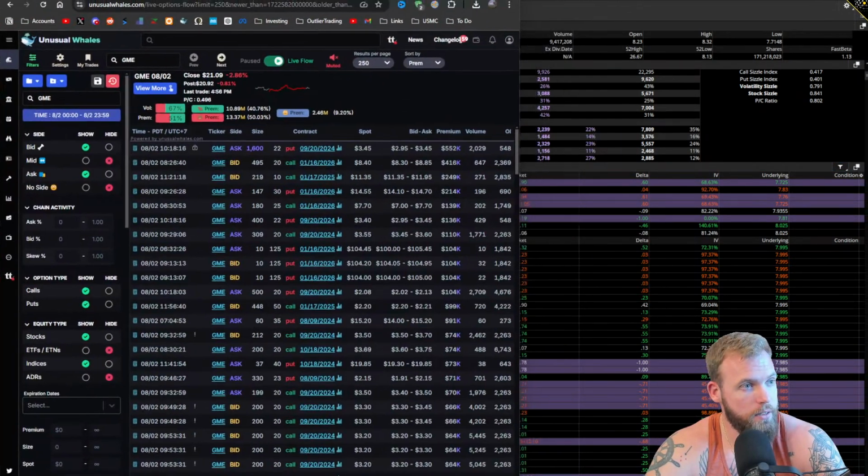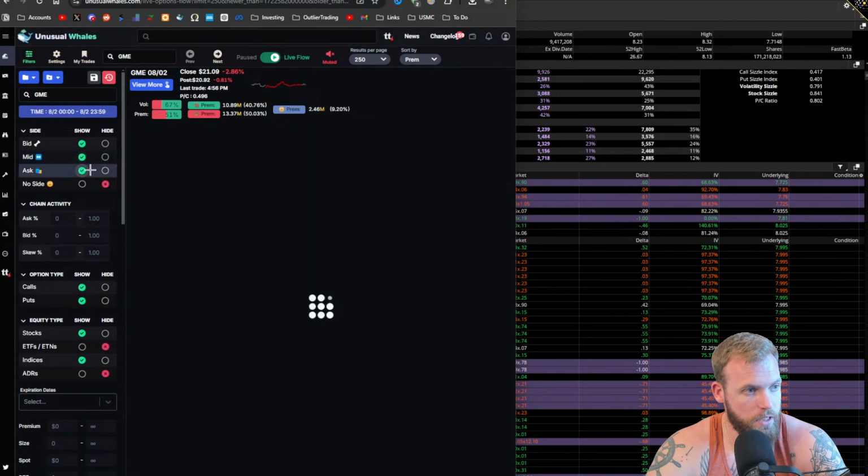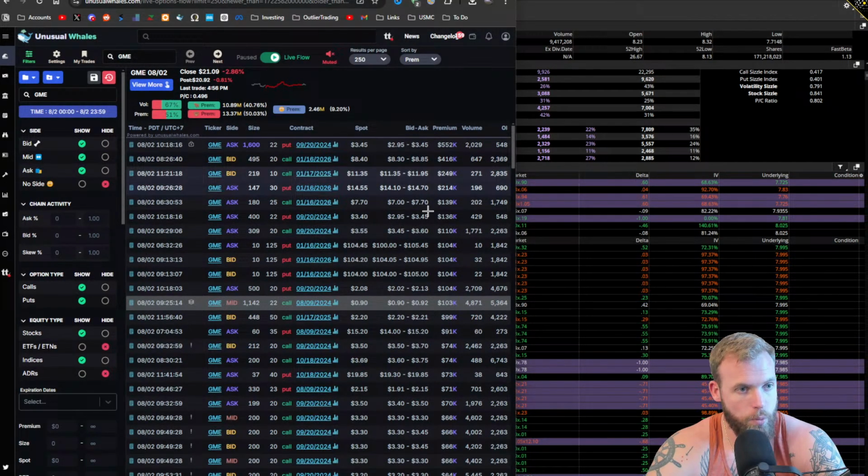So same thing in Unusual Whales. The mid, you can essentially just drop it off. Again, you can leave it on there if you want and see where people are transacting around to have an idea. So like this mid, let's see, this came in at 90 cents. But see, this is just another interesting example.